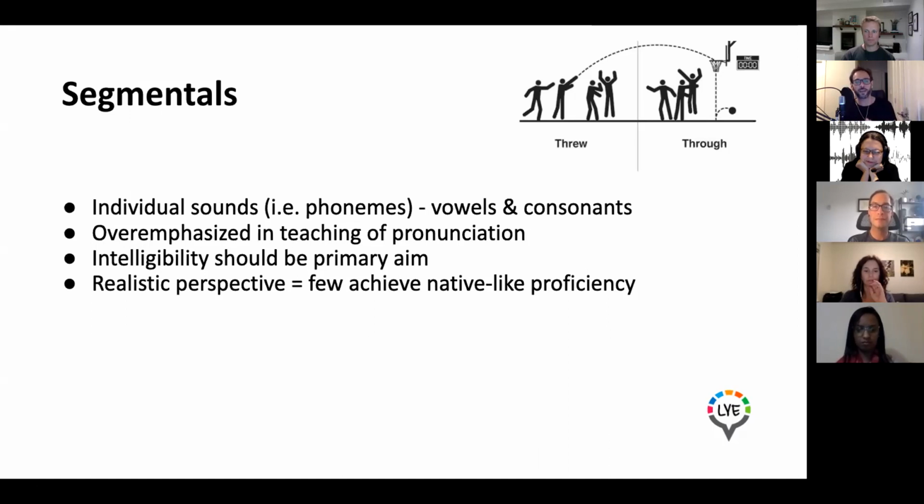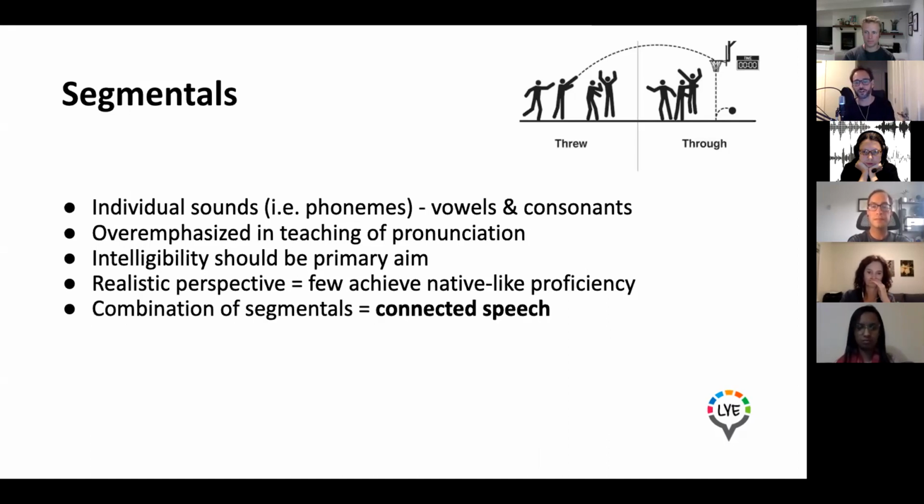We can't expect students to achieve native-like proficiency. And at the same time, we don't want them to sound like a native speaker. We want them to sound like themselves in a foreign language. And for this reason, we need to focus more on intelligibility, which is something that I'm going to be talking about a little later tonight.